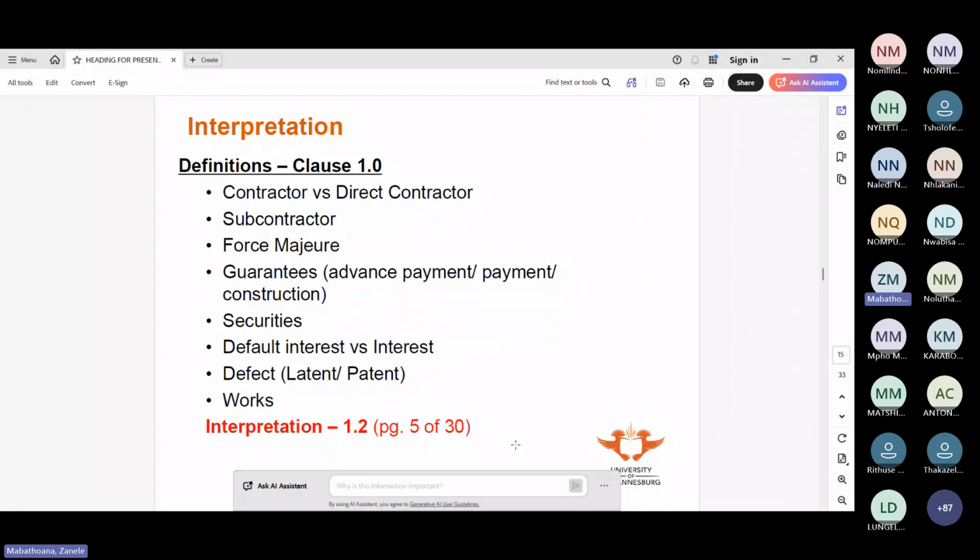Let's say it's 9%. JBCC says whatever the prime lending rate is plus 6%, and that's the default interest to the contractor, because as the client, your job is to pay. So you can't be passing on your money matters to the contractor. If you delay paying the contractor, then he's going to charge you that very high interest, prime plus 6.